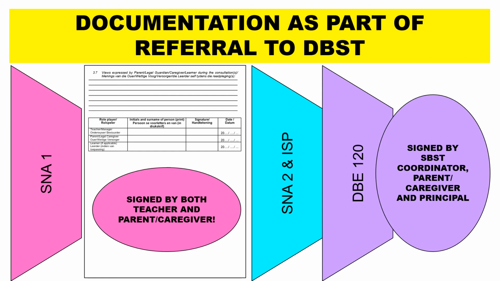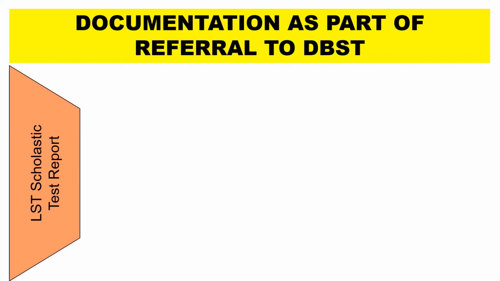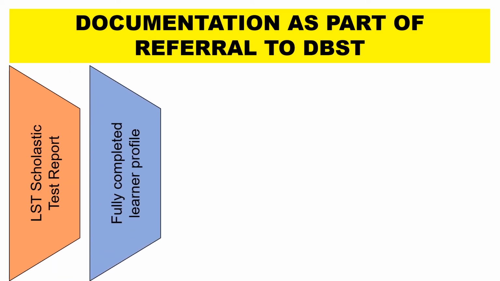Therefore, the DBE 120 will also be included in the package that is sent home to the parent. The LST's scholastic test report: I will ask you to send the learner to my classroom and I will test the learner scholastically and type out a report which will then be included within the documentation.